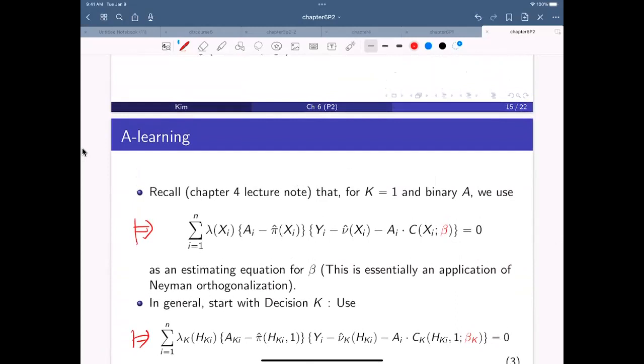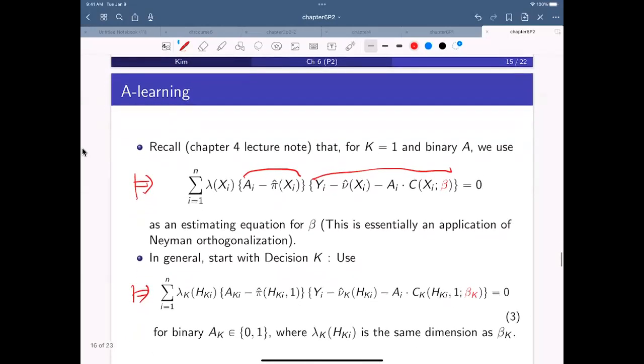This term has mean 0, so expectation 0, and this one also has expectation 0. But by multiplying, we make it orthogonalized, so that if either one of the models is true, it's still consistent. That is essentially the application of Neyman orthogonalization.